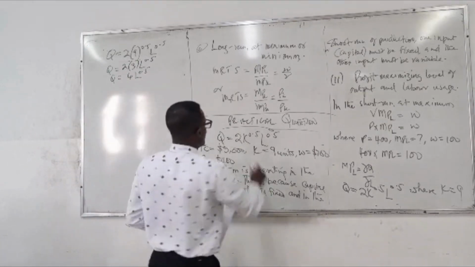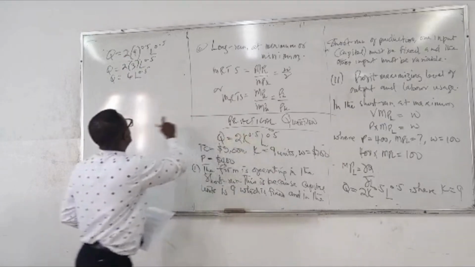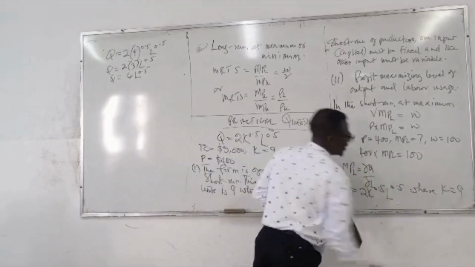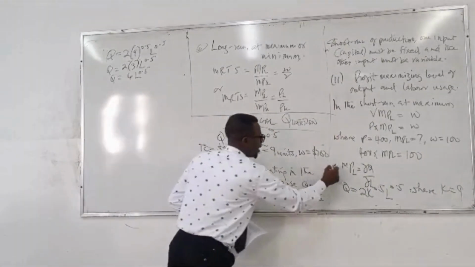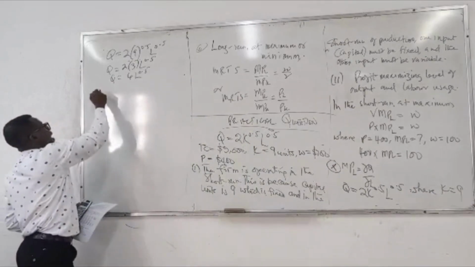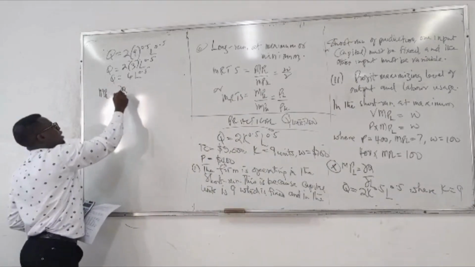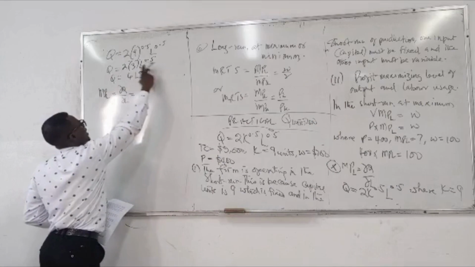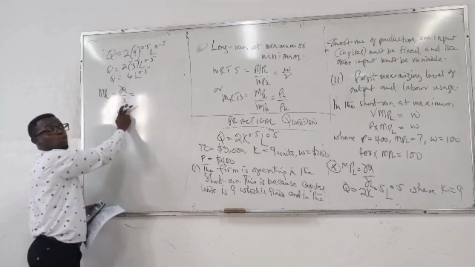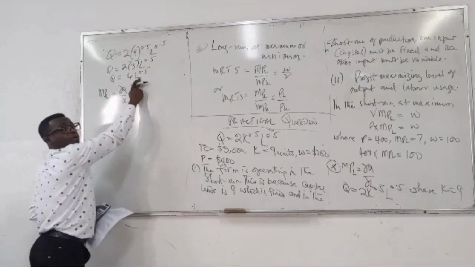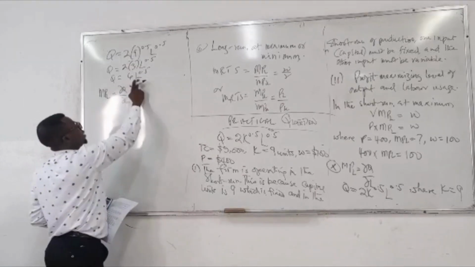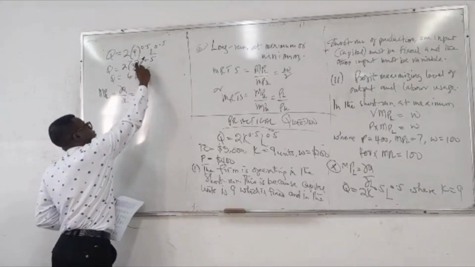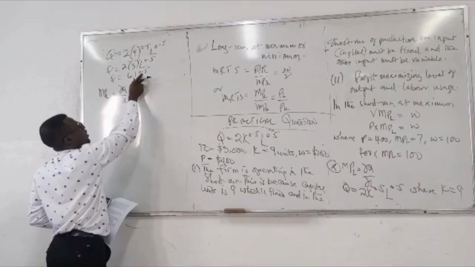Having reduced the original function to have only L as an input by replacing K with the constant 9, we can now find our MPL. MPL equals dQ/dL. So we differentiate function Q with respect to the variable L. We apply the law of differentiation: we multiply the exponent by the coefficient of the variable being differentiated.